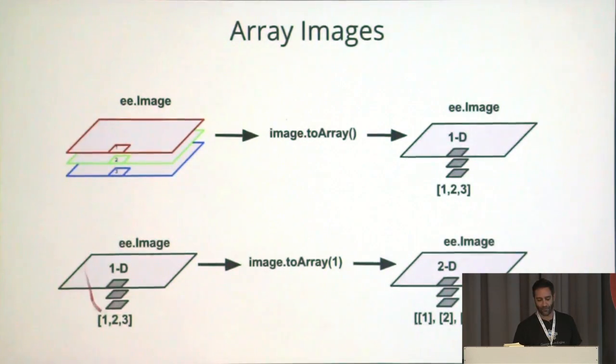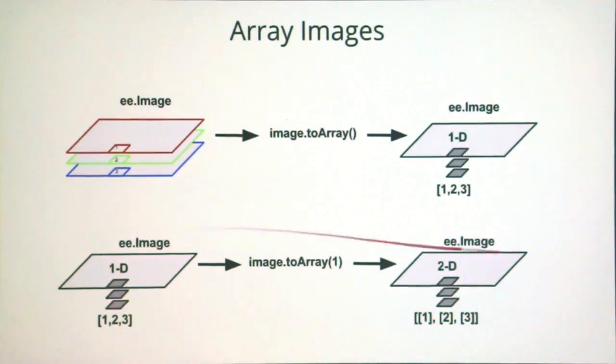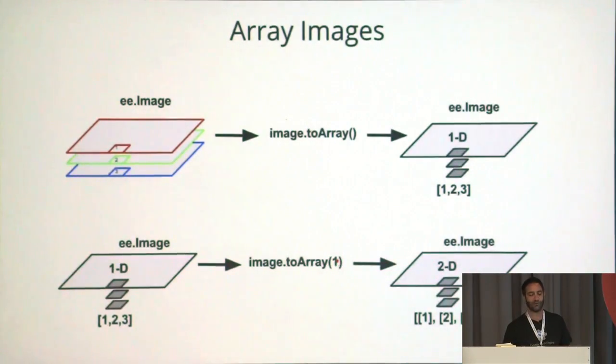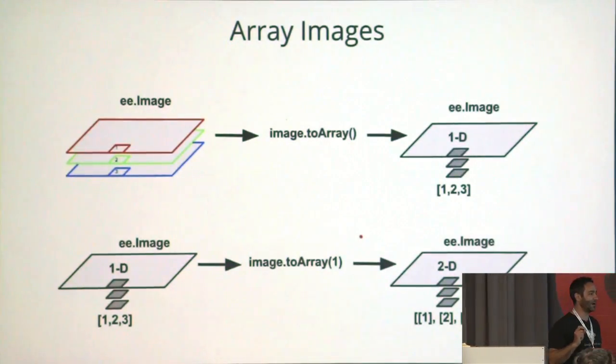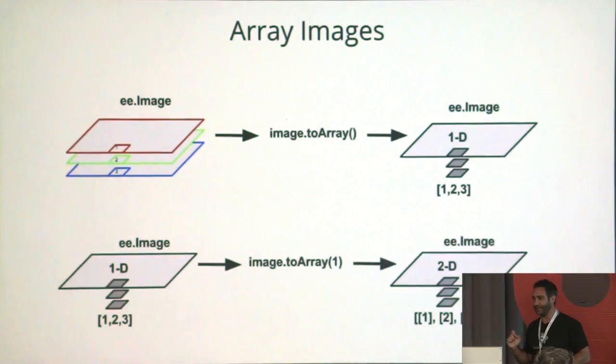And then we need to go from a one-dimensional array image to an image in which each pixel stores a two-dimensional array, specifically a 6x1 matrix. And we do that by calling toArray1. So this is like calling cat along the 1 axis for every pixel inside this image.